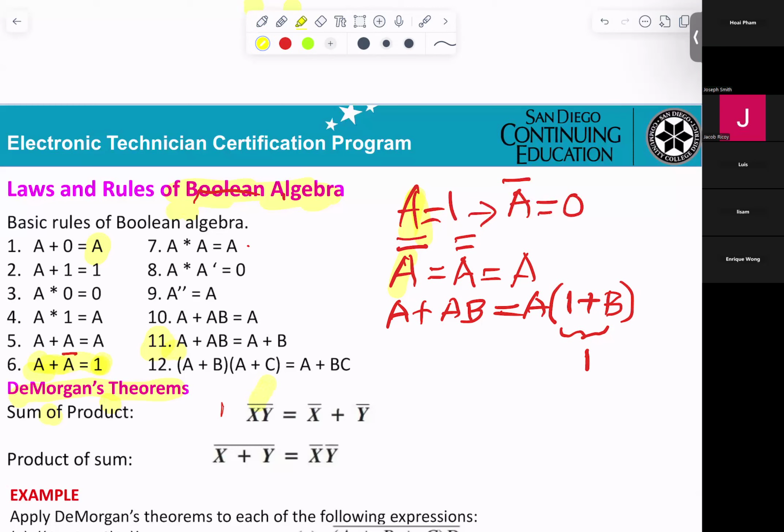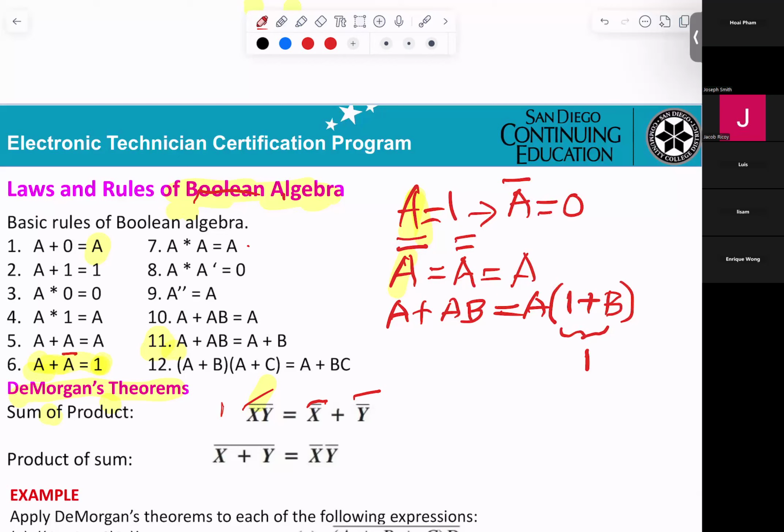Okay? You take that out. X will be not X, and will become or, Y will be not Y. Okay? That's a sum of product.